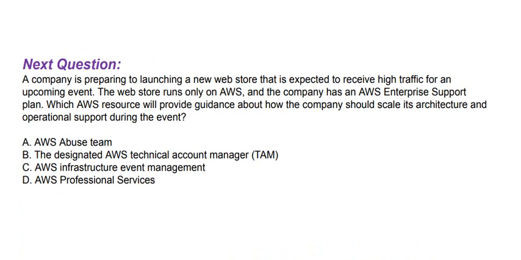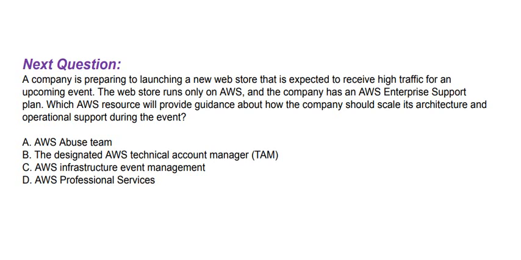Next question is, a company is preparing to launch a new web store that is expected to receive high traffic for an upcoming event. The web store runs only on AWS and the company has an AWS Enterprise Support plan. Which AWS resource will provide guidance about how the company should scale its architecture and operational support during the event?